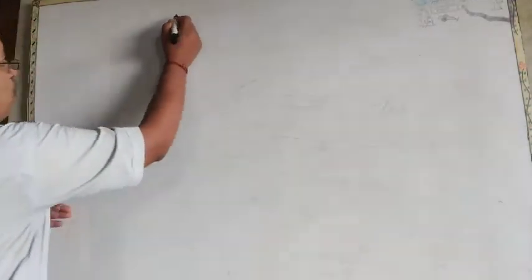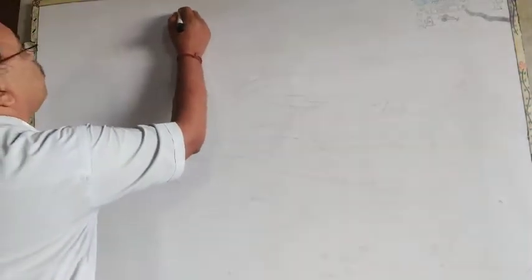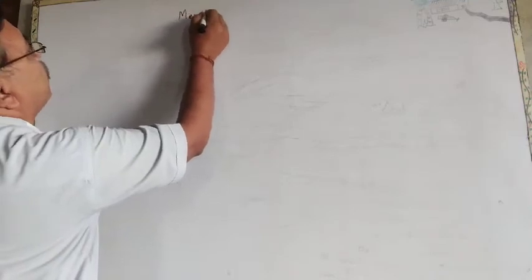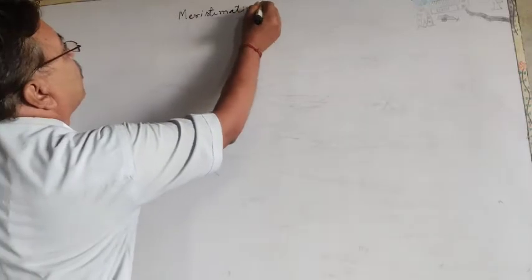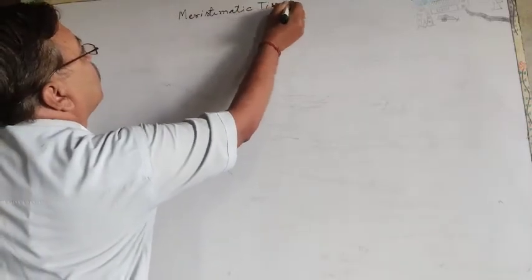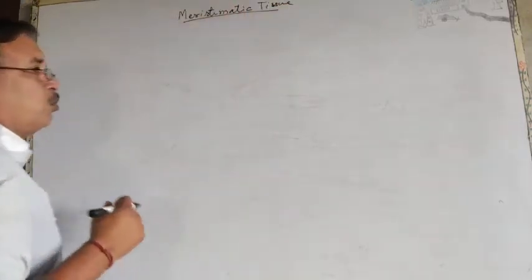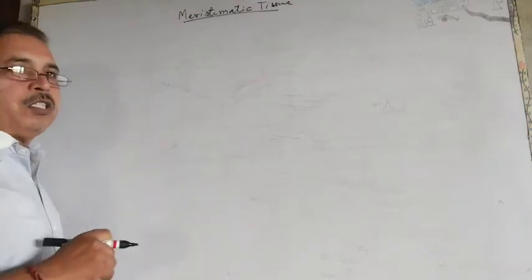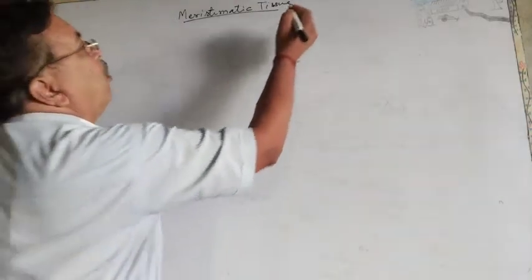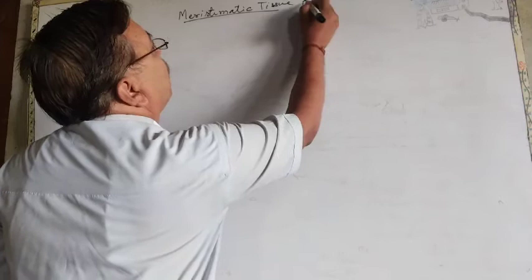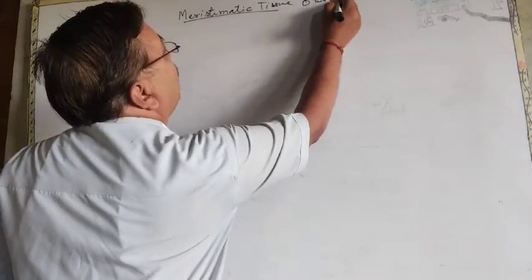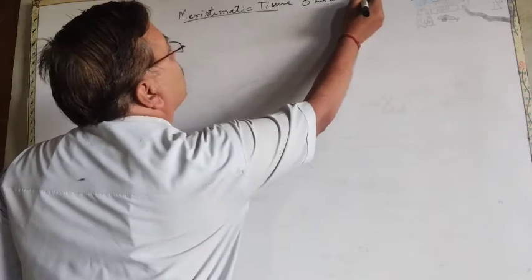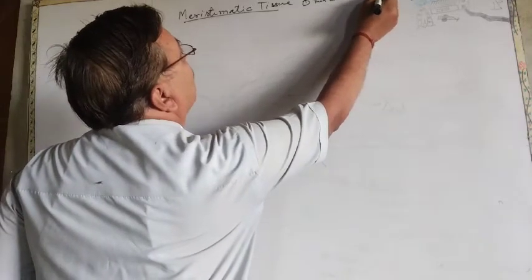Today we will read about the meristematic tissues in detail. So today's topic is meristematic tissue. As I have told you, the features I have already told you. I'll just write here for your reference. The thin cell wall, or sometimes no cell wall.